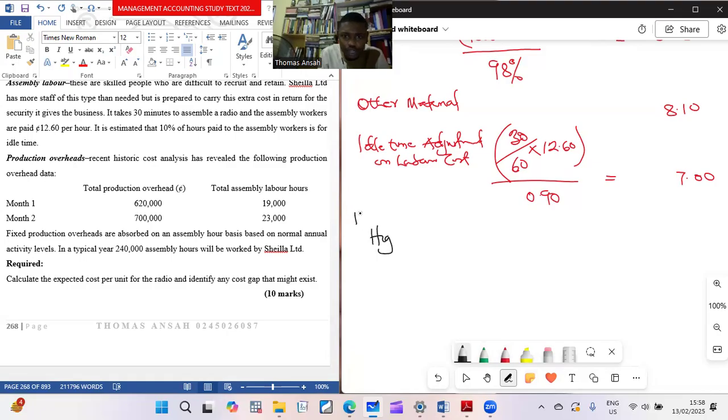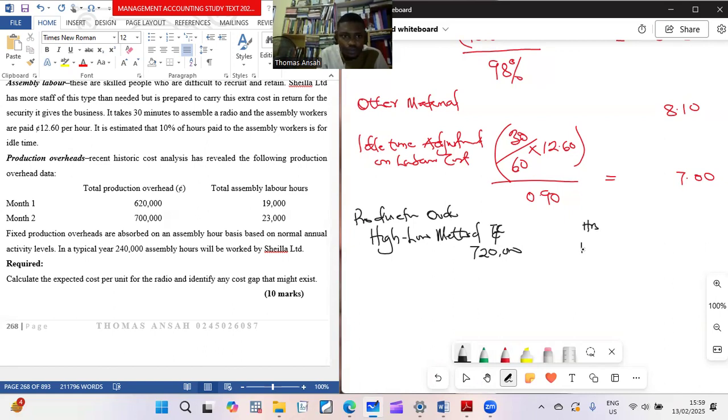So we are looking at production overheads. High-low method. So the high is 720,000 cedis.